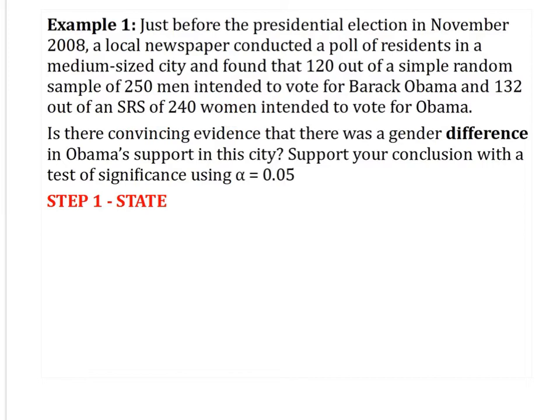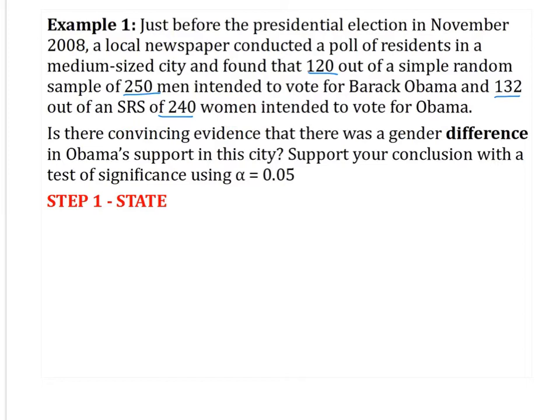This is the same example from the last video, except this time we're doing a significance test, not a confidence interval. It says, just before the presidential election in November of 2008, a local newspaper conducted a poll of residents in a medium-sized city and found that 120 out of 250 men supported or intended to vote for Barack Obama, and 132 out of a random sample of 240 women intended to vote for Obama.